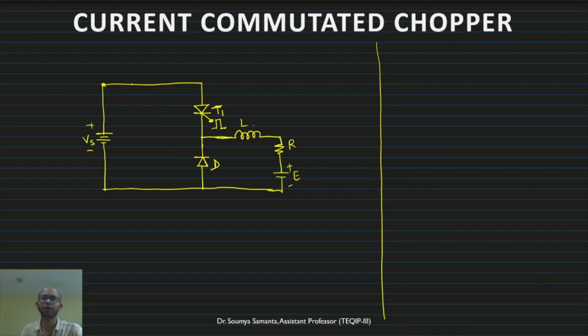First of all we need a charging circuit for the capacitor, the RC initial charging circuit. This circuit is needed initially to charge the capacitor to its full voltage Vs with this polarity.